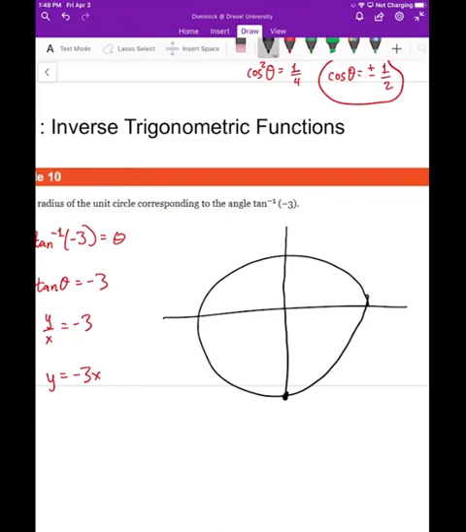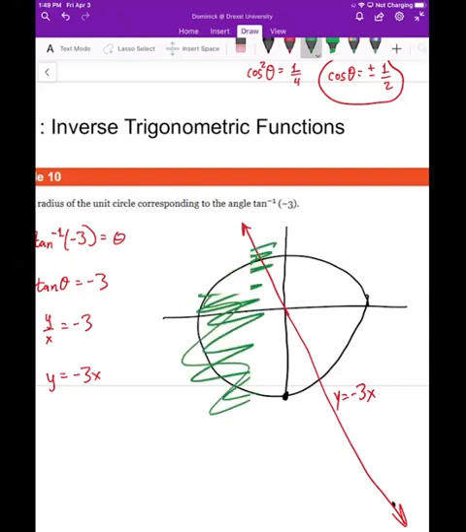That means that I would want to start at 0, 0, because I don't have a y-intercept, and I want to go down by 3 and over 1. So I'm going to get a point somewhere over here. Right? And as long as this is the line y equals -3x, then this is the radius that I'm concerned with. And again, I don't care about the left half because inverse tangent just goes from minus pi over 2 to pi over 2.